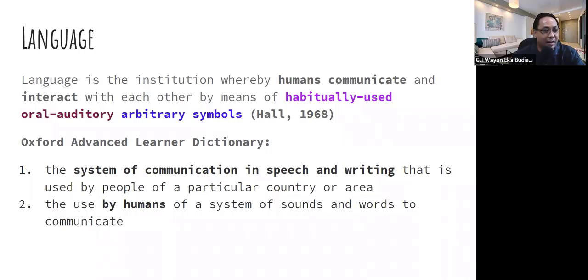Even though animals have their own way to communicate with each other, we do not say that is a language, because language should come from or be used by humans as a system of sounds that people can learn, and also words in order to communicate.